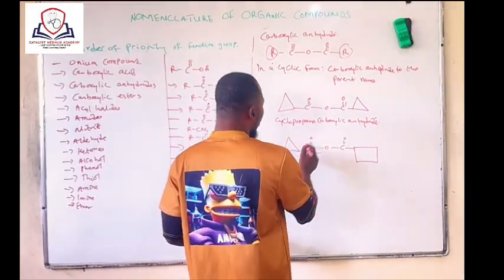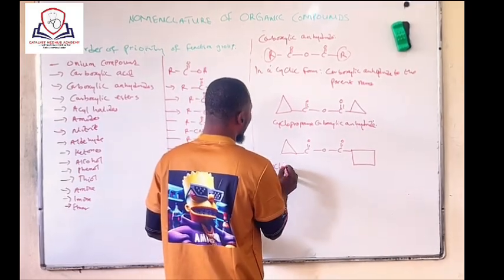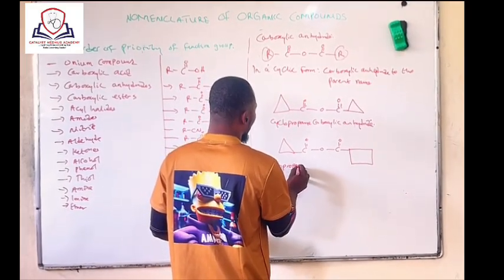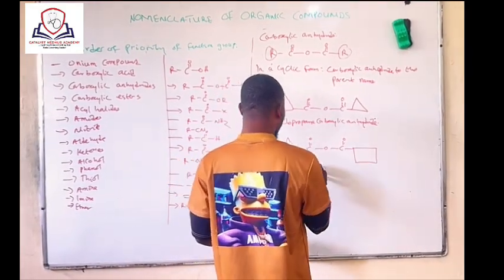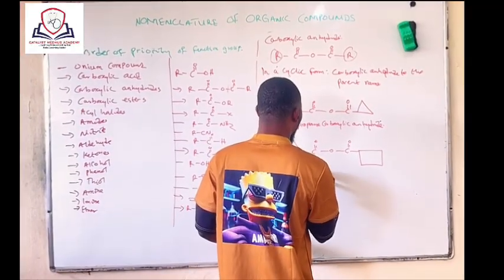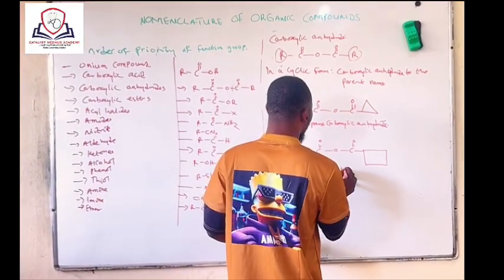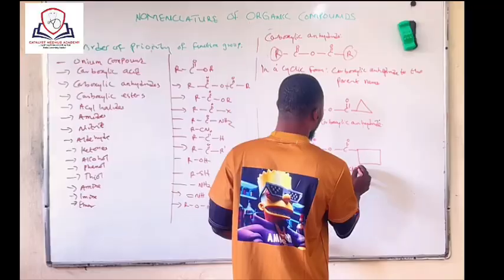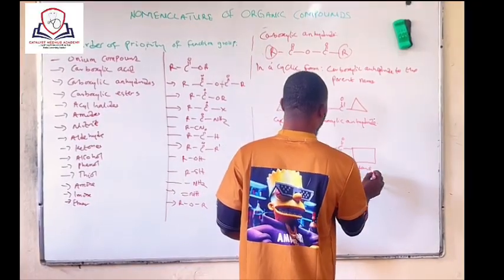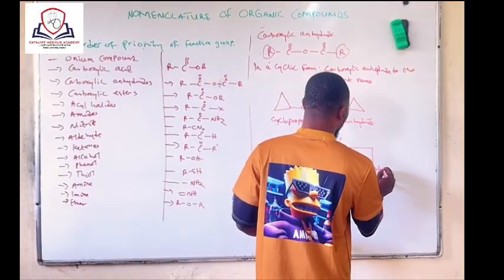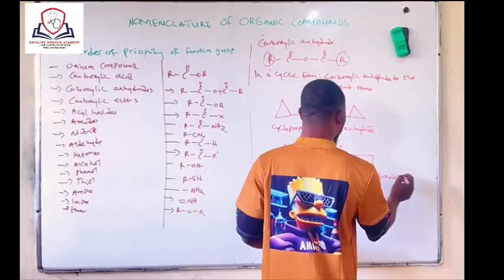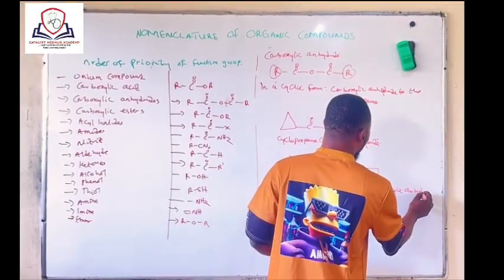So we'll have cyclopropane carboxylic, cyclobutane carboxylic anhydride.